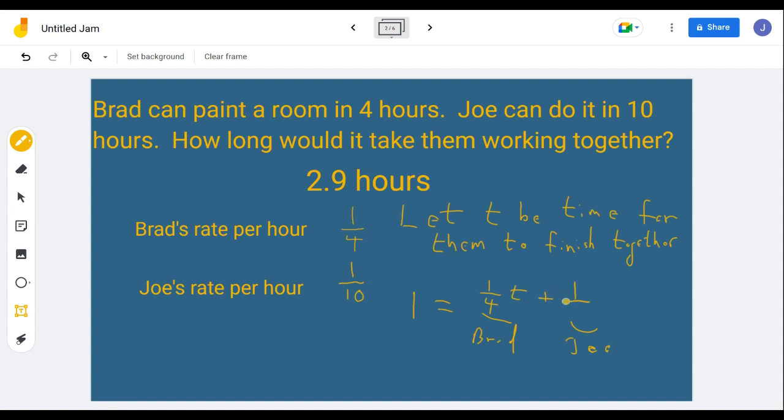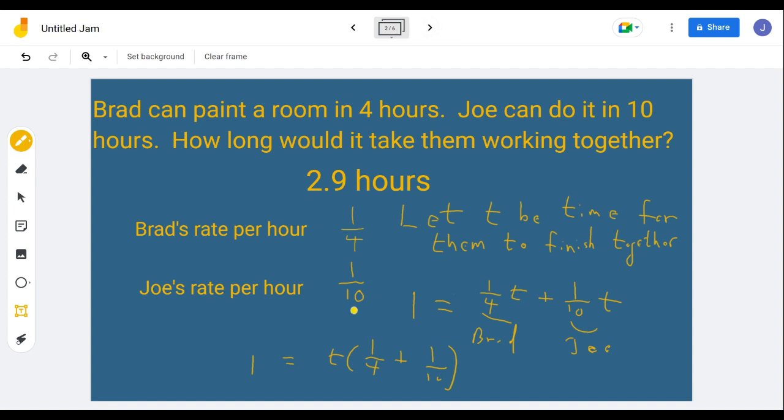And Joe's part will be 1/10 times T. If you factor out the T, you get 1 equal to T times a fourth plus a tenth. So you end up dealing with fractions here.